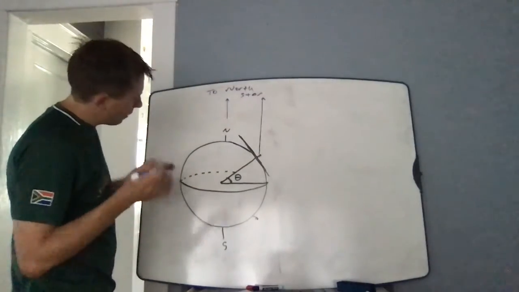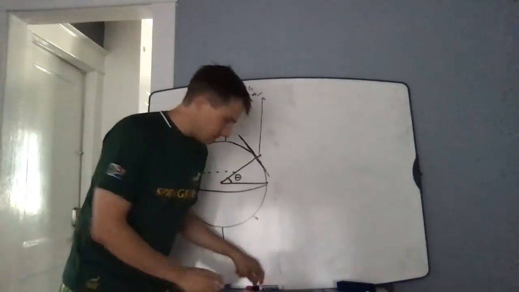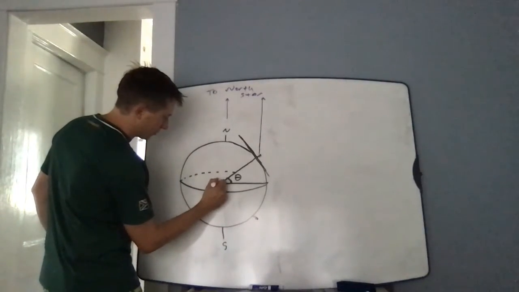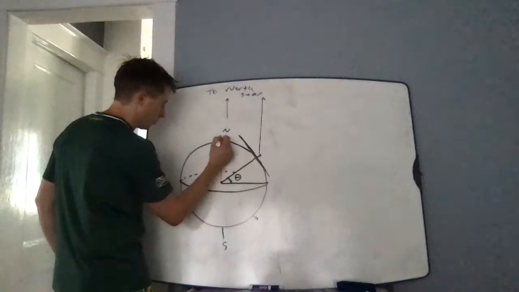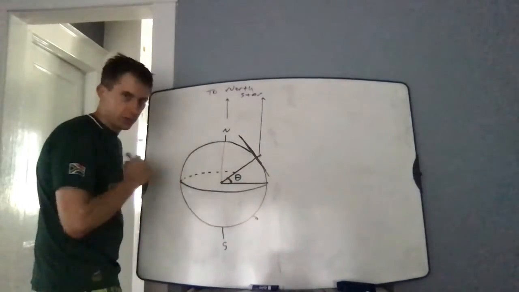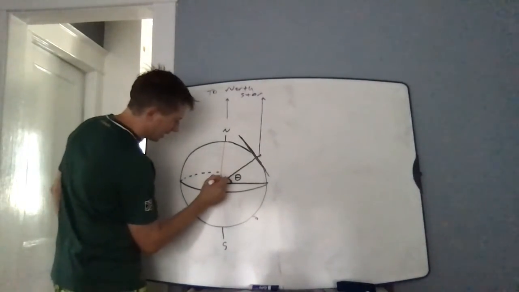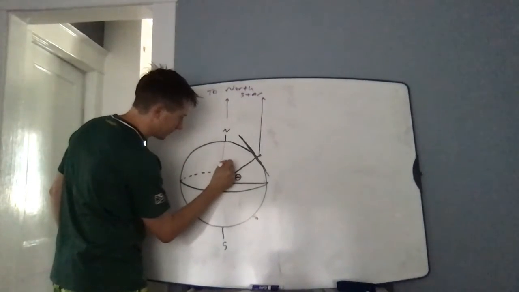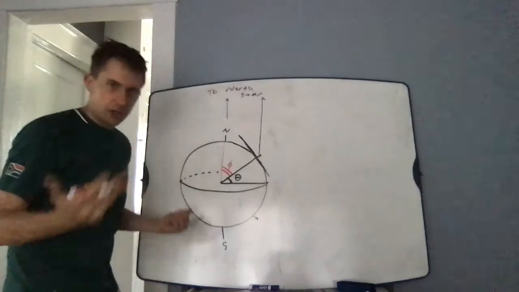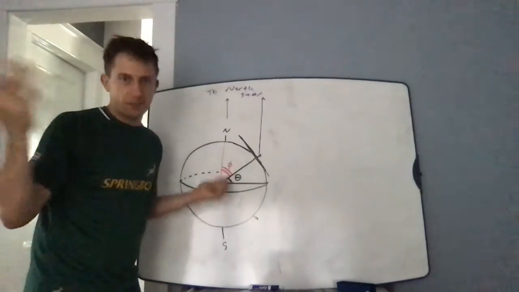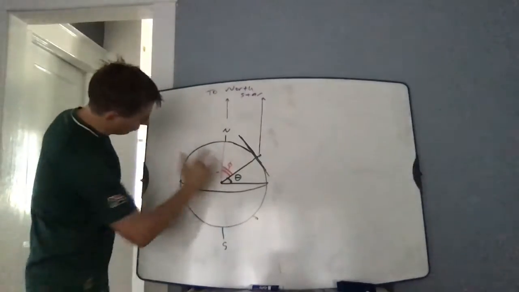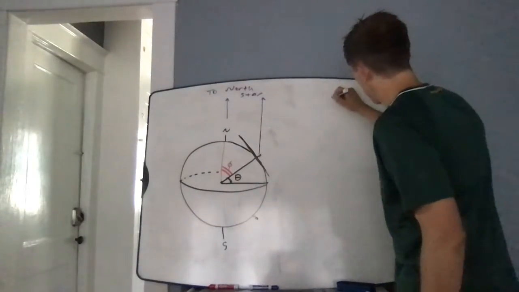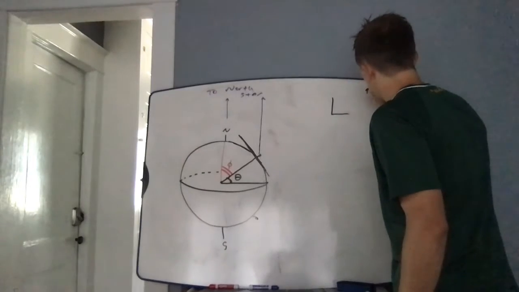Okay, how am I going to think about this? Let's draw another angle. So let's take a line from the center of the Earth directly to the North Pole. We'll make it red since we're going to visit Santa Claus. And let's call this angle over here phi. Phi is just another angle that is unknown, different from theta. And if I look at this picture, I recognize that this is a 90-degree angle.